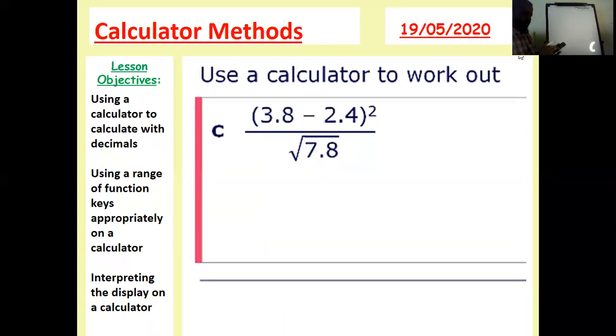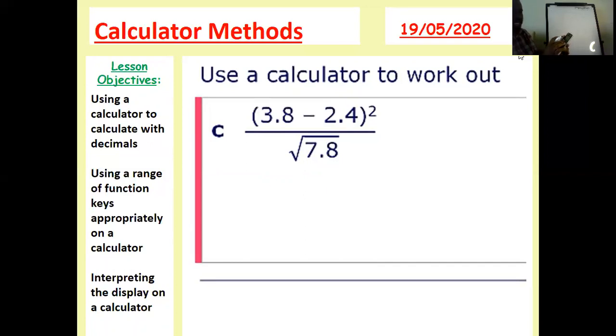In the numerator, open the bracket, 3.8 take away 2.4, close the bracket, and then I press the squared button, which is x to the power 2, and then I move my cursor to the denominator using the middle key, and then I press the square root function and type in 7.8.